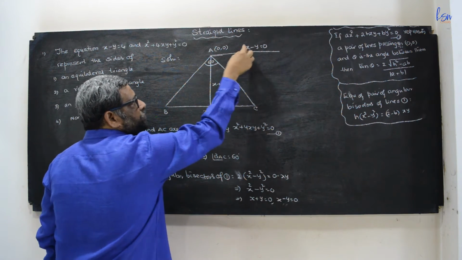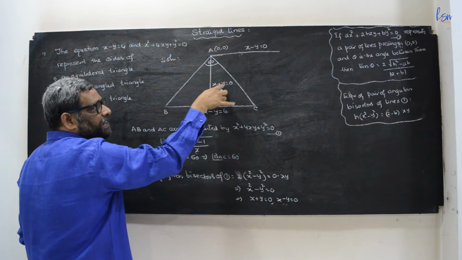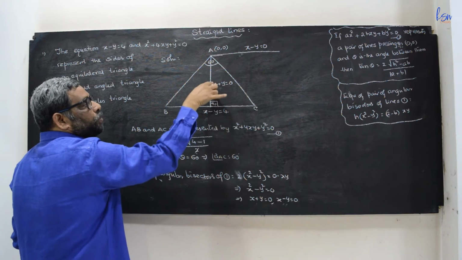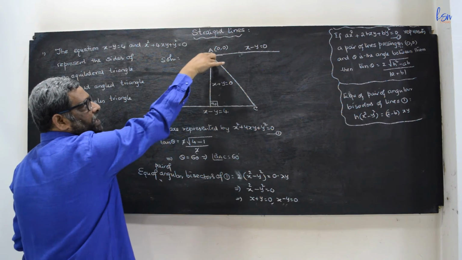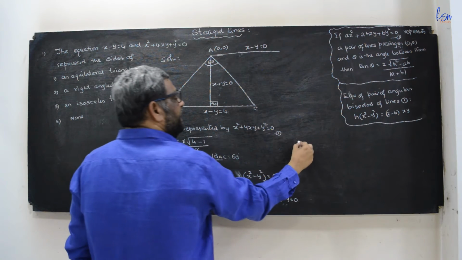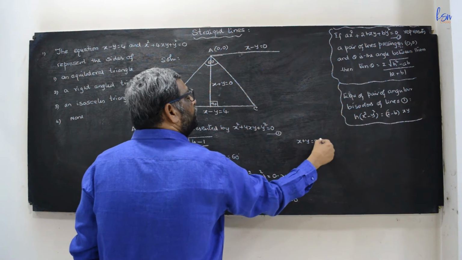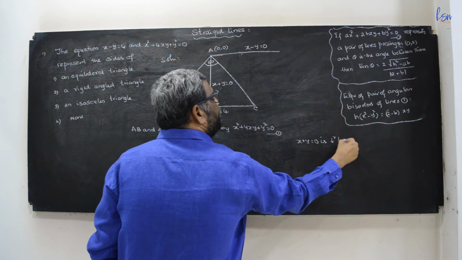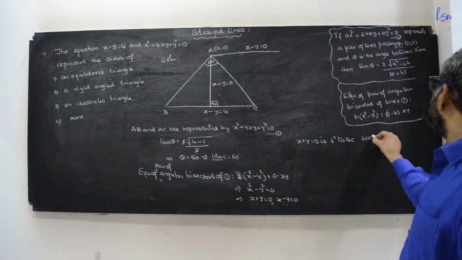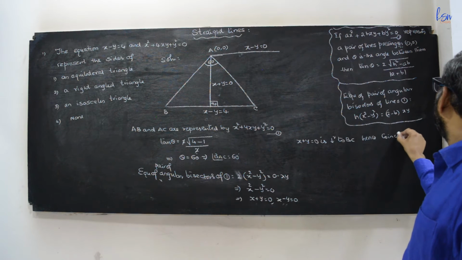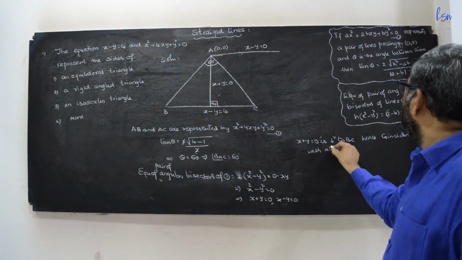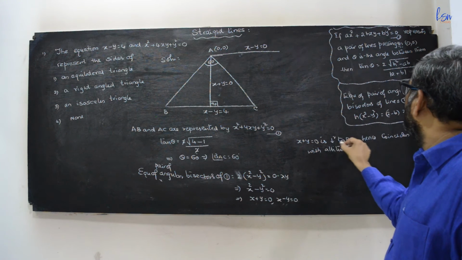Therefore, I am choosing this to be the external bisector and the other one as the internal bisector, which is perpendicular to this. Therefore, the internal bisector is coinciding with the altitude because it is passing through the vertex and perpendicular to the opposite side. Therefore, x plus y is equal to 0 is perpendicular to BC, hence coincides with altitude.